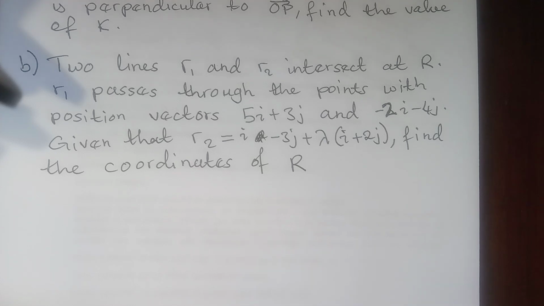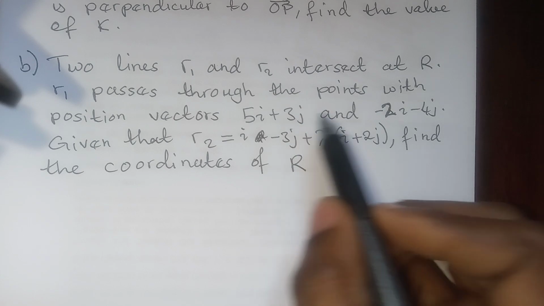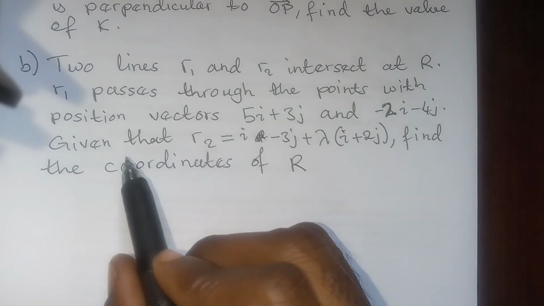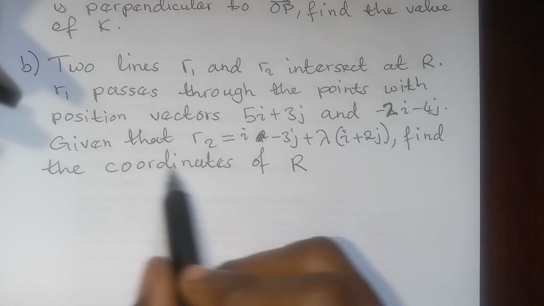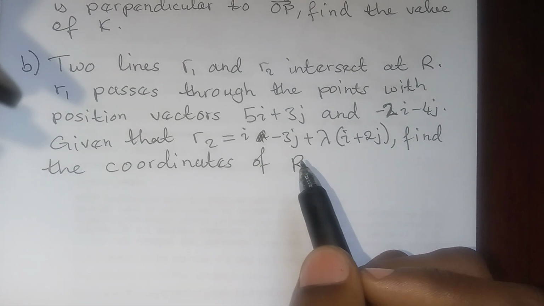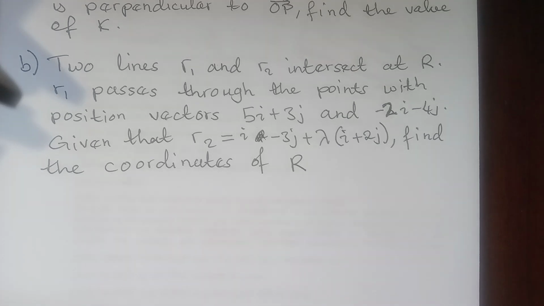Two lines R1 and R2 intersect at R, and R1 passes through the points with position vectors given here. Given that R2 is this, find the coordinates of R. Just like in coordinate geometry, to find the point of intersection of two or more lines, you have to solve the two equations simultaneously.